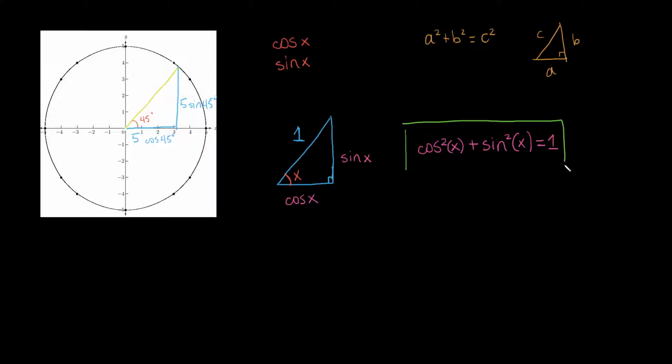The sine squared of x plus the cosine squared of x will always equal 1. This is a very handy fact, and this is called the Pythagorean identity. I wonder why I got that name. This just falls straight out of the Pythagorean theorem if you set up your triangle.